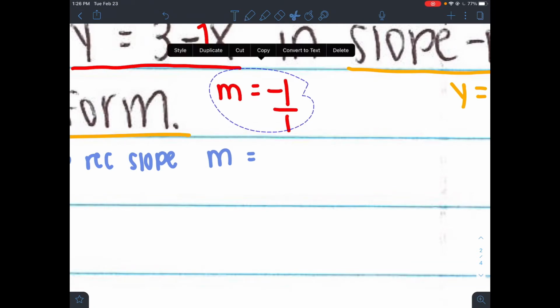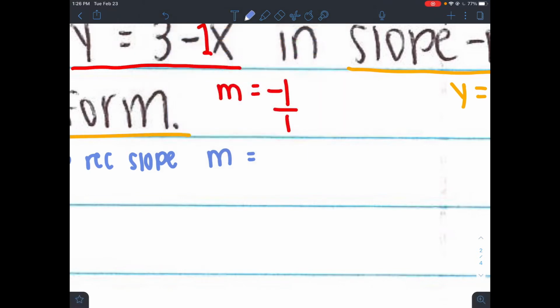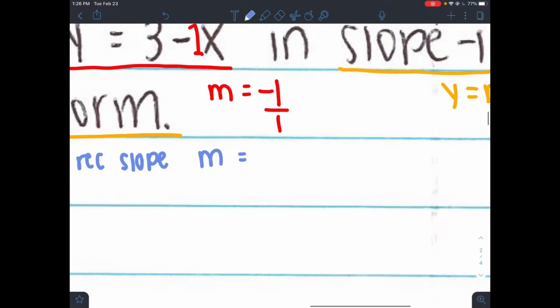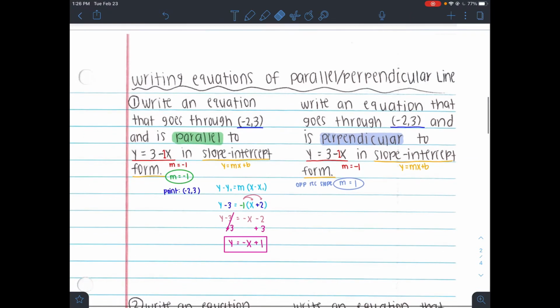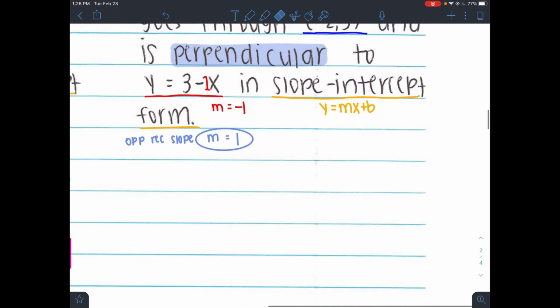So our new perpendicular slope is going to be positive, and if you flip 1 over 1, it's just 1 over 1. So this is just positive 1. Our old slope was negative 1, and now this is going to be positive 1. All right, we have our slope that we need.